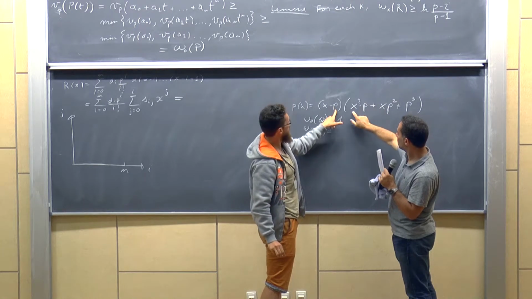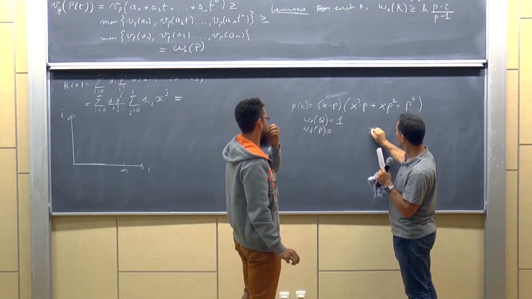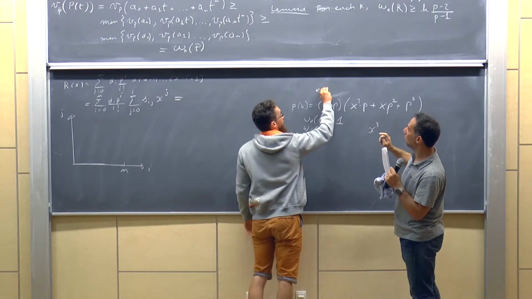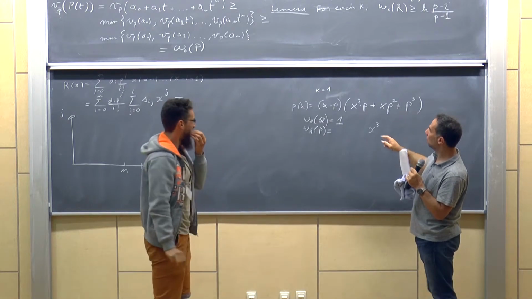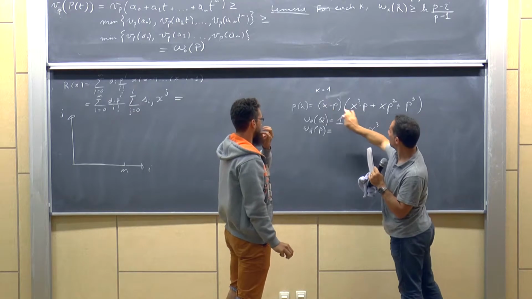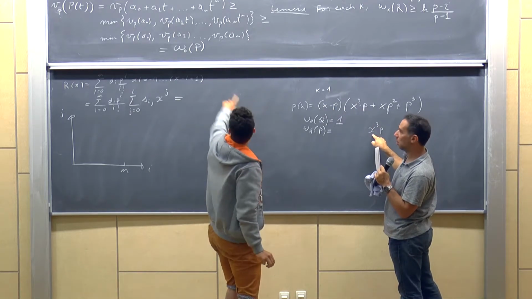No, x cube. How are you going to get the x cube? Tomek, what is your value of k and n1? K is 1. And n1 is p. But the coefficient of x cube is x times x squared p, so it's going to be x cubed p.